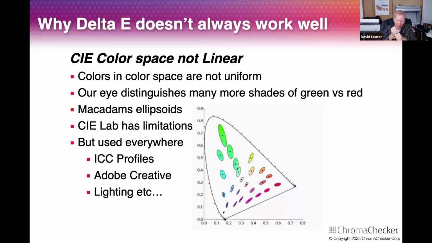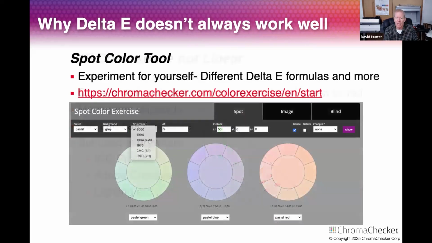CIELAB is just so intertwined in so much of our industry. Trying to take that out and put another color engine in is kind of mind-boggling. But there are attempts to have this happen in the industry to address some of the limitations that CIELAB has.